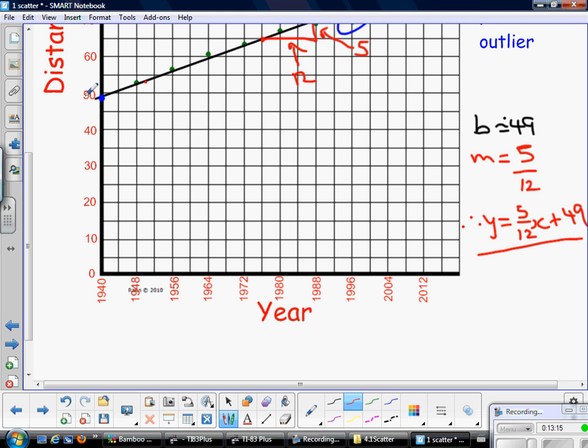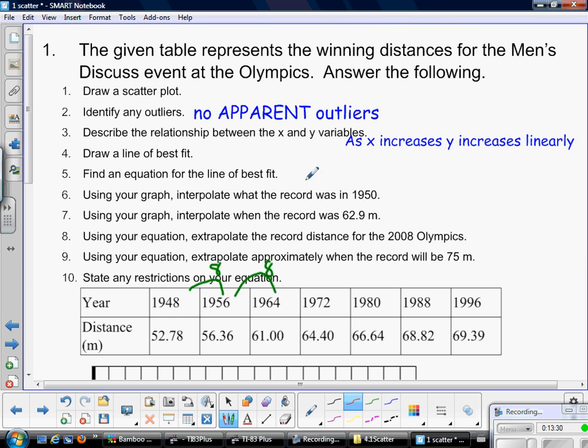So it would be approximately, according to my graph, 50, 54, 53, we'll say 53. So for our graph, it would be 53. Okay, and remember that's 53 meters.